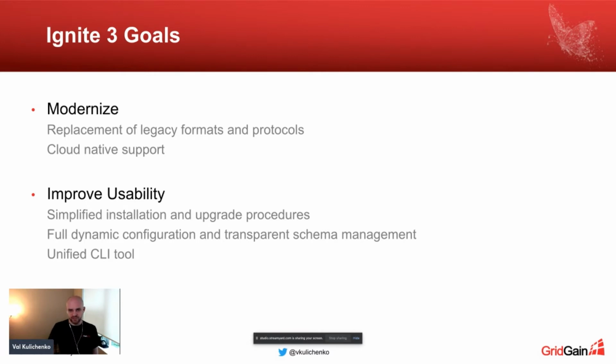Because, for example, with the configuration in 2.x, it's very convoluted because configuration is essentially static. But for certain parameters, there are knobs here and there that can allow you to change them. But for every parameter, there is a separate procedure. So it's not very usable, really.